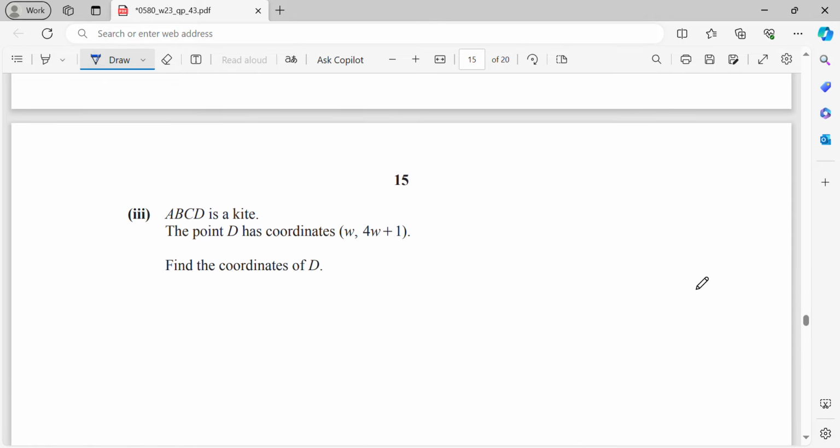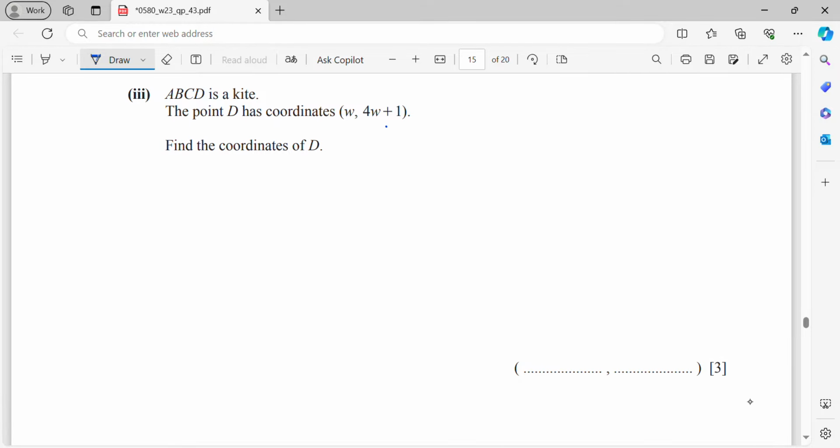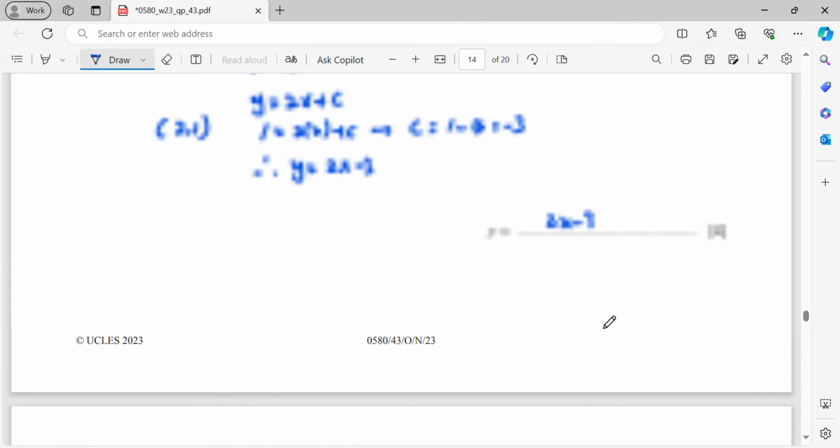Okay, that's the solution of this question. Now, next part, part 3, ABCD is a kite. The point D has coordinates w and 4w plus 1. Find the coordinates of D. What I need to do here is probably mark the points, then you will get a better idea.